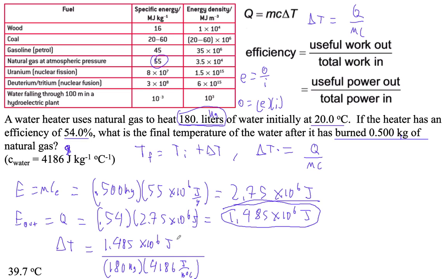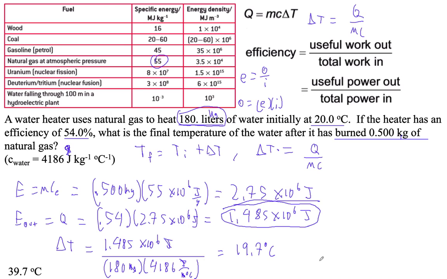Now I hope you understand what's going to go on here. The kilogram cancels the kilogram, the joule cancels the joule, and you end up with 1 over degrees Celsius. So we'll end up with degrees Celsius. So this guy divided by 180 times 4186 is 19.7 degrees Celsius.